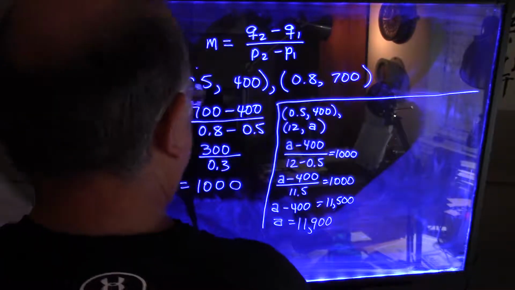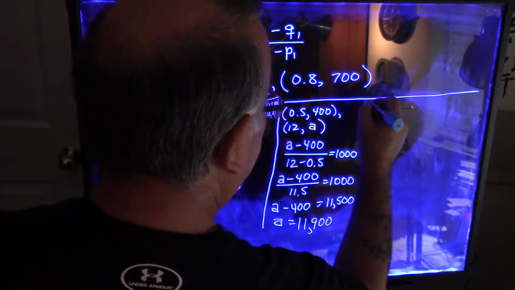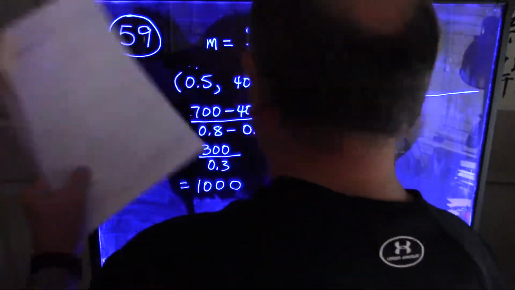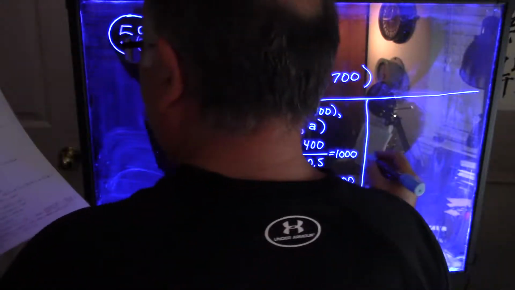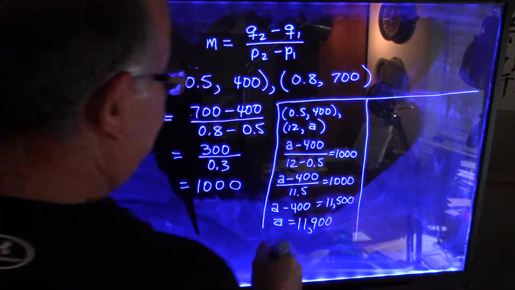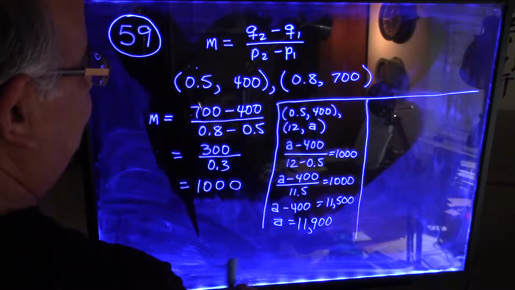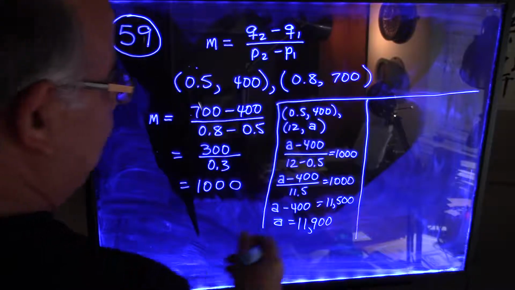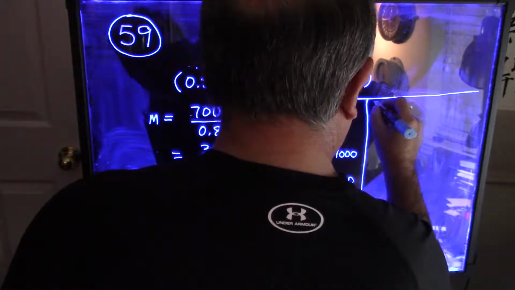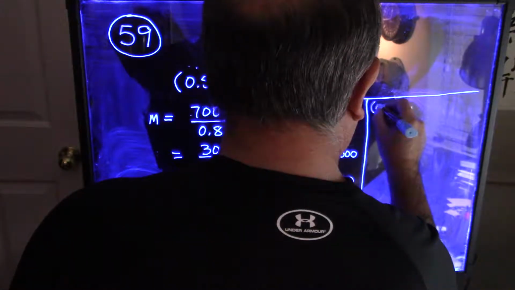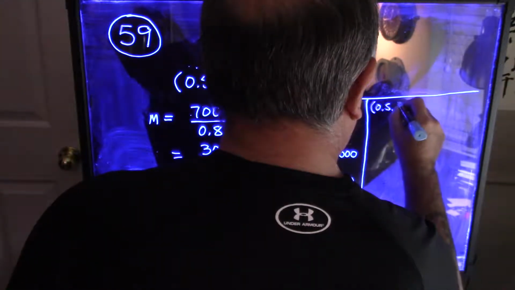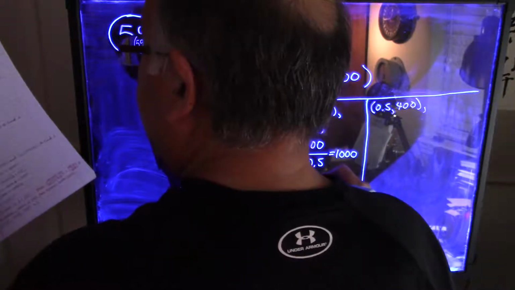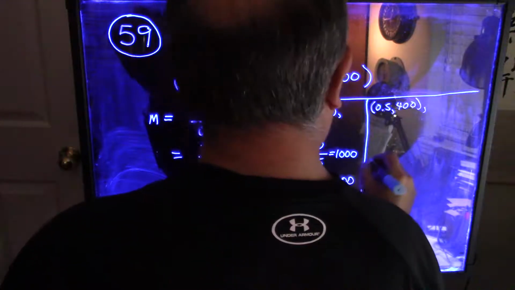Okay, now we'll do the other one. So we're going to use the same point. It doesn't matter which point you use on this, you could use the point that you just solved for, but I'll just keep with the old point, 0.5, 400, and the other one was b, 1 million.